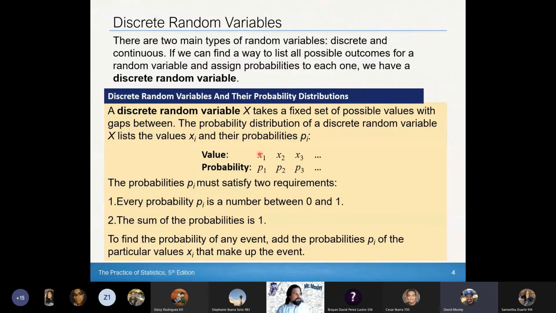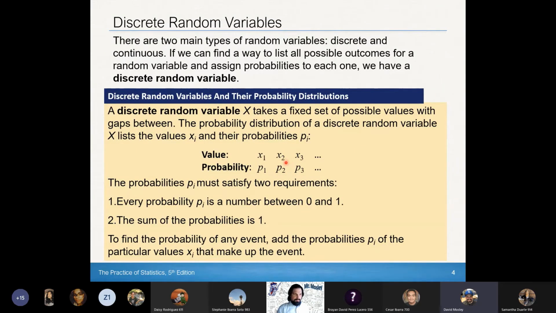So the subscripts just tell me which value, not the actual number value, but which value along my set of values this was. Was it the first, the second, the third? And then the same subscript with the probability, p sub 1, means this is the probability that the first outcome occurs. This is the probability of the second outcome. This is the probability of the third outcome.